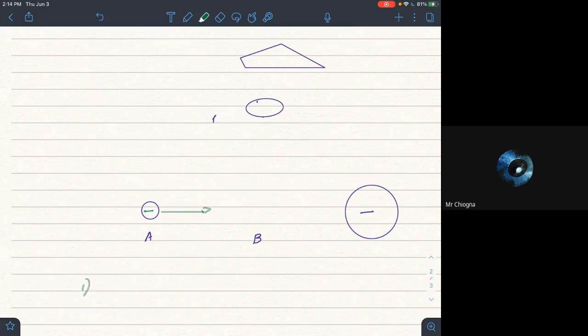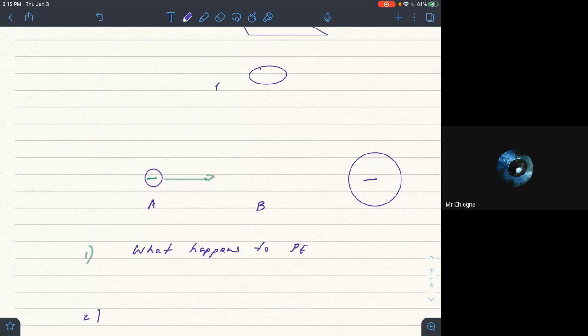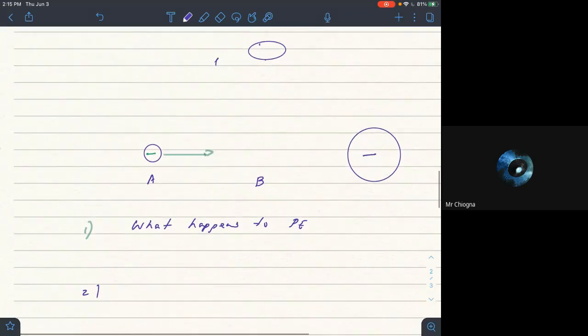What happens to potential? Describe it. And then two, how would you calculate the difference? Calculate that. Add in whatever you need in the diagram.